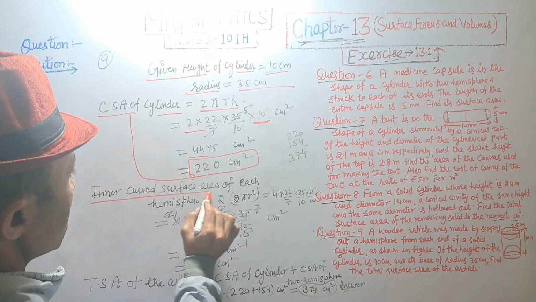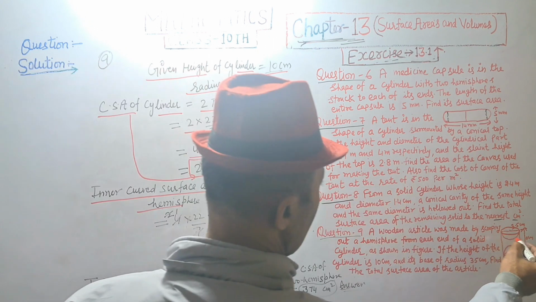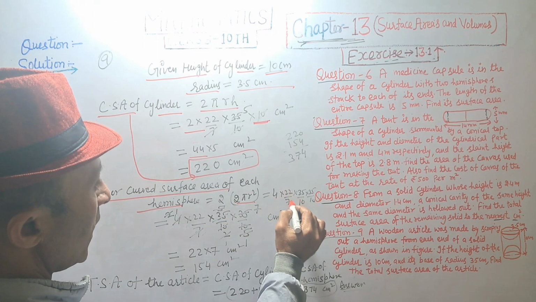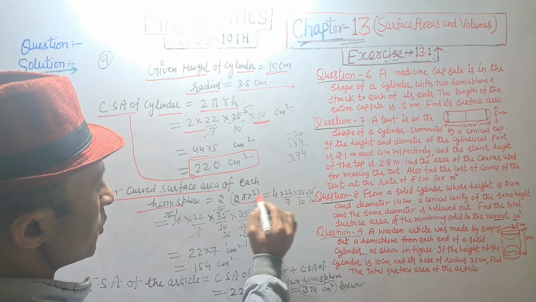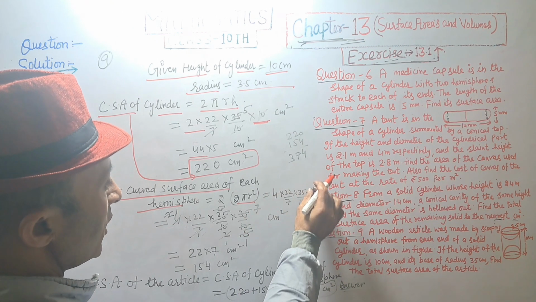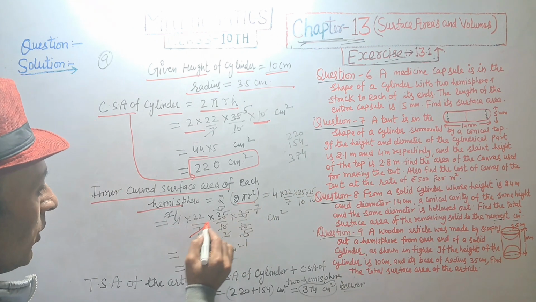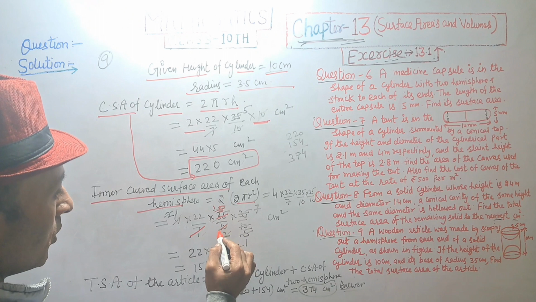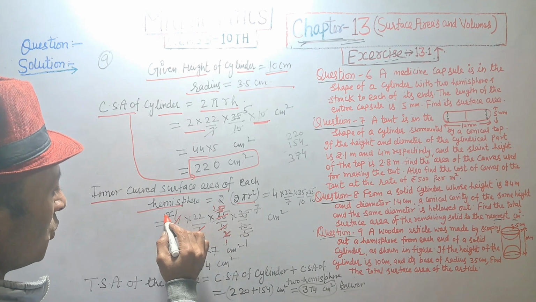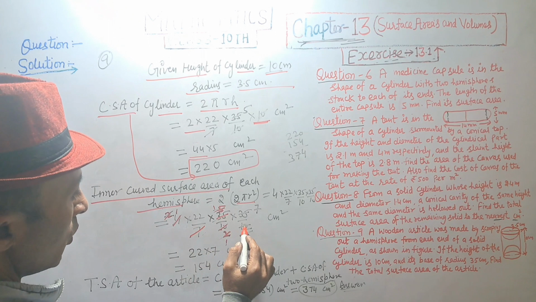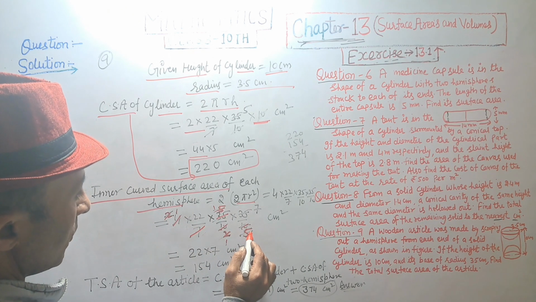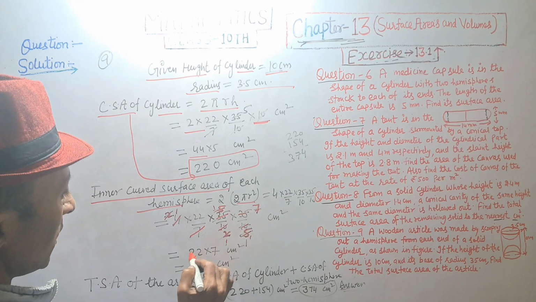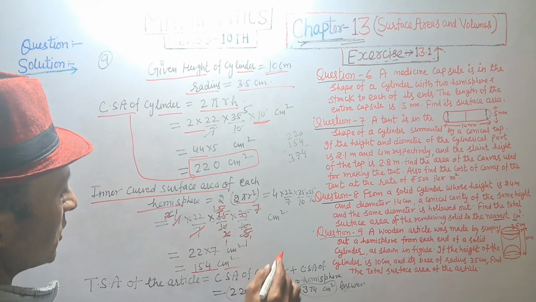And inner curved surface area of two hemispheres, that is 2 into 2 pi r square, 4 pi r square, 4 into 22 upon 7 into 35 upon 10 into 35 upon 10, 7 5s are 35, 5 2s are 10, 2 2s are 4, 2 5s are 10, 5 7s are 35. 22 multiplied by 7, we get 154 centimeter square.